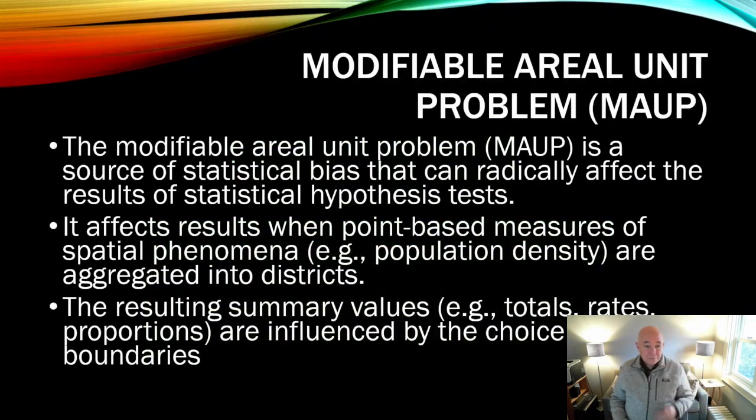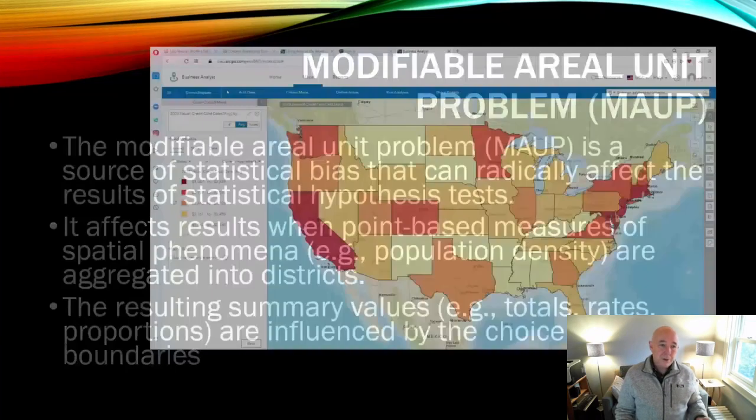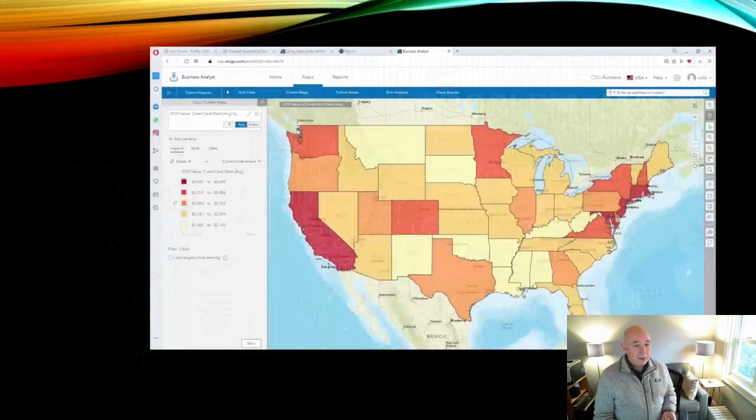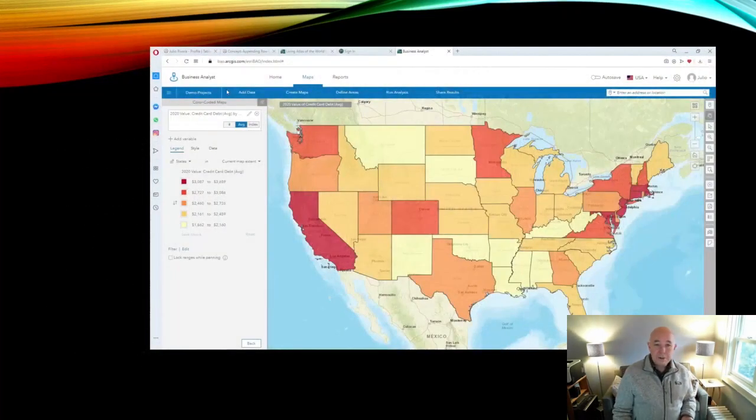Same thing is true if you do it on a map, and we're not focused on maps particularly in this class, but the analysis will still hold if you do this at different levels. So if I change the level of geography that I'm working at, I change the results. And so I can work at this level of geography, I can work at the state level.